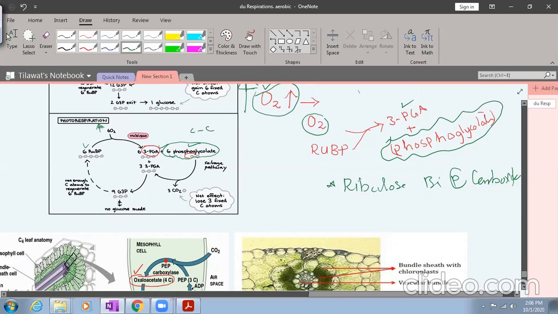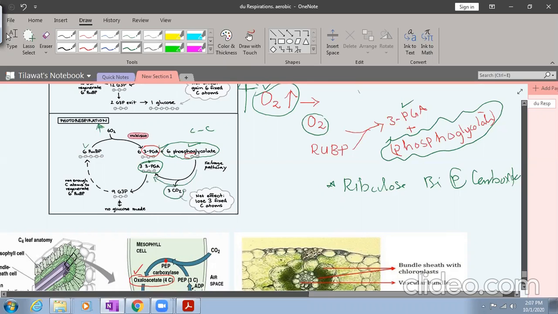Am I clear? So this phosphoglycolate, the plant has to convert it back into phosphoglycerate. Sorry, I'm using the word our, but I'm talking about plants, okay, be clear. So when this has to be converted into phosphoglycerate, on the way, you know what will happen?